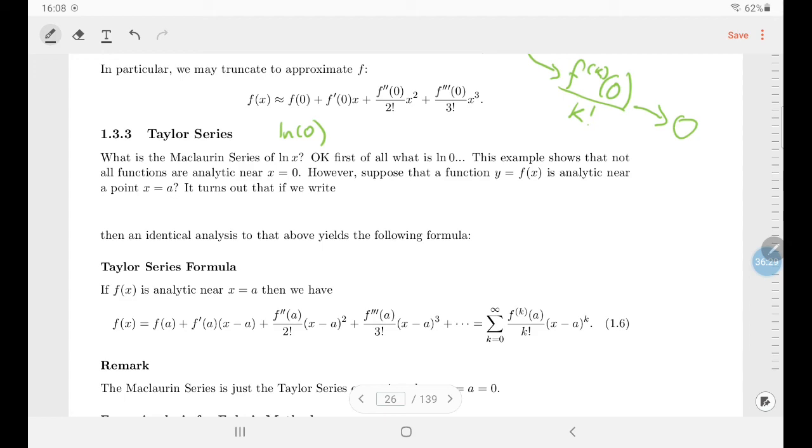It turns out you can do similar analysis if the function isn't analytic near 0 but near another point. If you want to write f of x equal to some constant plus some constant times x plus some constant times x squared, in fact, I'm doing this wrong. Like this.